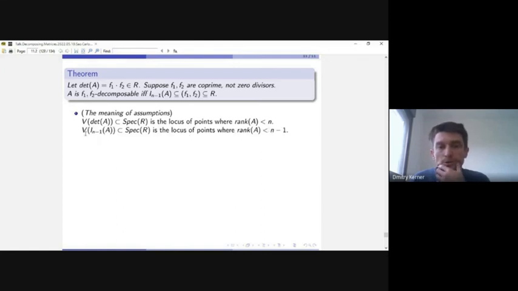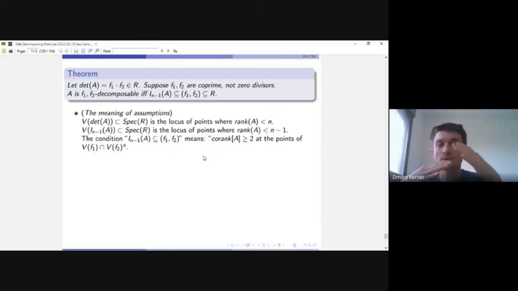And this locus, almost the determinantal locus, is the locus of points where the rank is smaller than n minus 1, or co-rank is at least 2. And therefore, this condition means geometrically that co-rank is bigger or equal to 2 at the points of the intersection of F1 and F2. That's when the two components intersect, the co-rank must drop. And this is quite expectable.